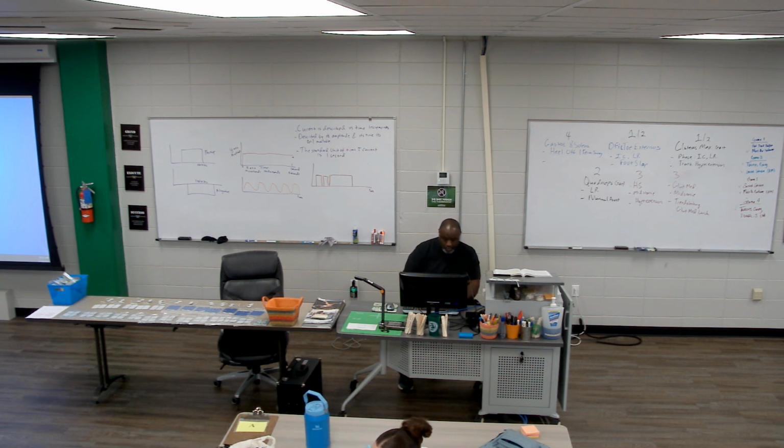Okay, so this is a document that's on Canvas, and it's going to talk about what you will see based on machines and what type of currents are which type. So each of the machines will have a manual. Either the manual is online or the manual is with the machine.